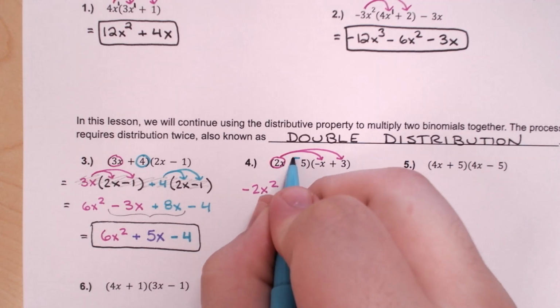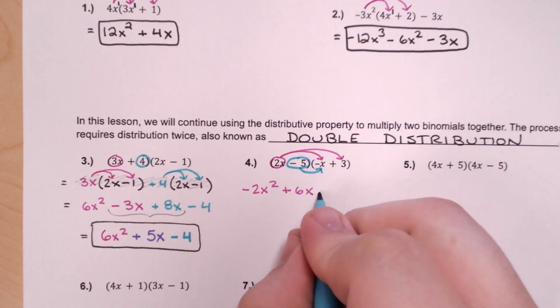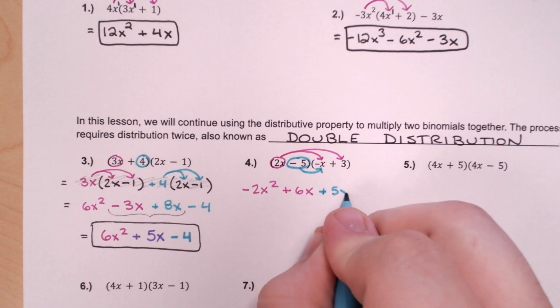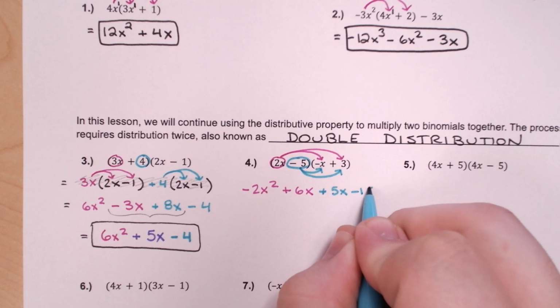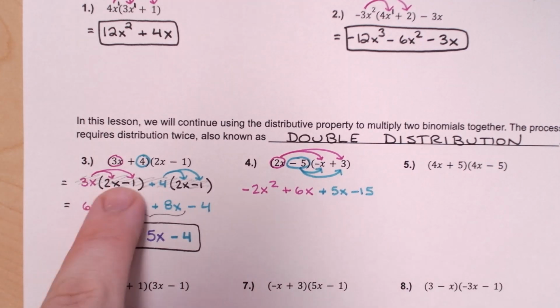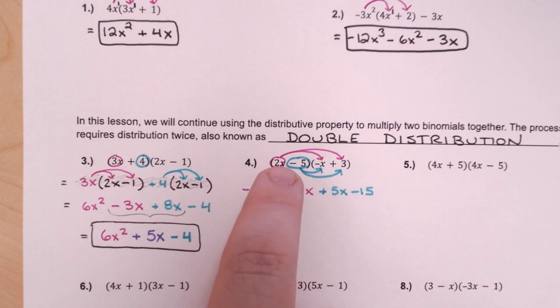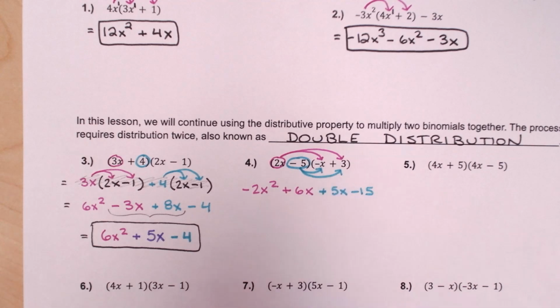And then negative 5, don't forget the minus sign in front of the 5, times negative x is positive 5x. And negative 5 times 3 is negative 15. So they skip that first step, and just go straight to distributing the first number over top and the second number, and just draw the arrows down below.